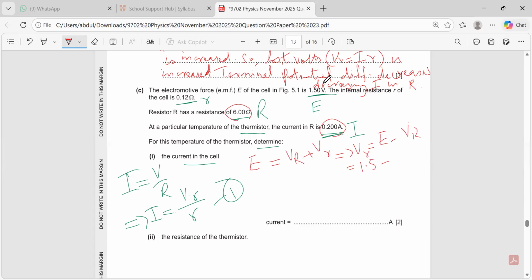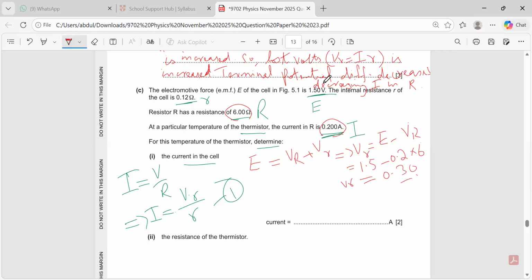So it means, my dear friends, 0.2 times 6. And as we simplify, V_R will be equal to 0.30.